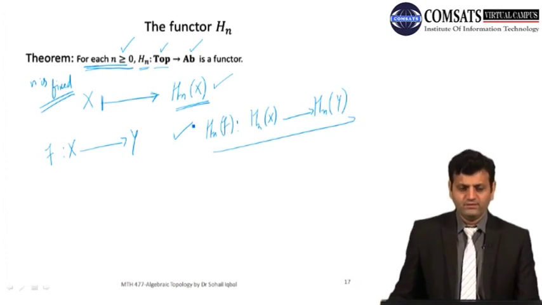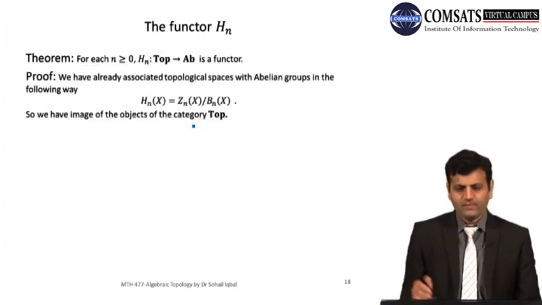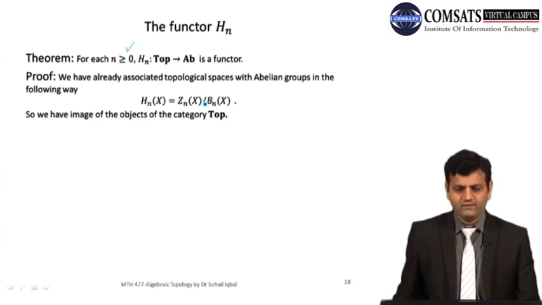So let's go further and try to prove this theorem. We have already associated topological spaces with abelian groups. So what is that association? Calculating the homology. This n is fixed, so basically for fixed n we can calculate the nth homology. So we already have images of objects of the category of topological spaces.